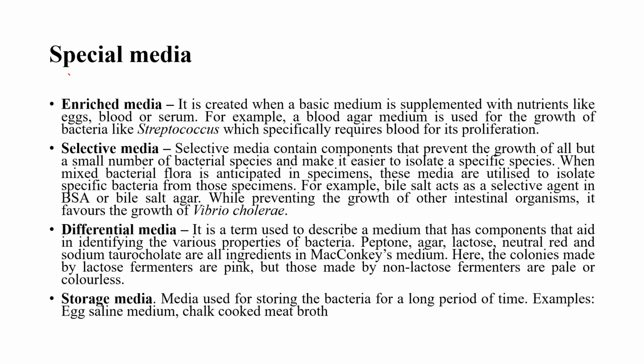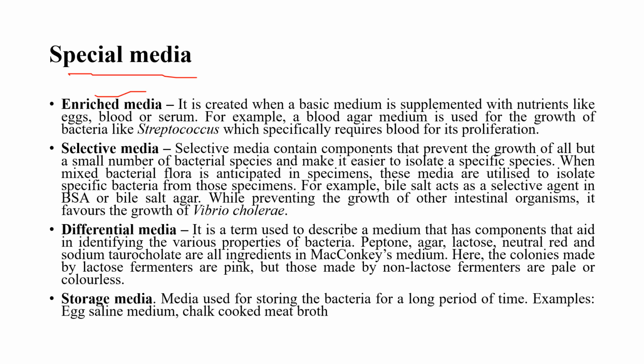Now come to the special type of media. First in this category is enriched media. Enriched media is made when we add some additive nutrient into the basic medium such as nutrient agar medium or peptone water medium.